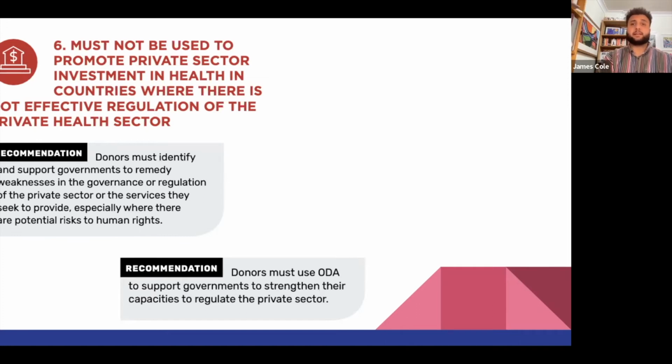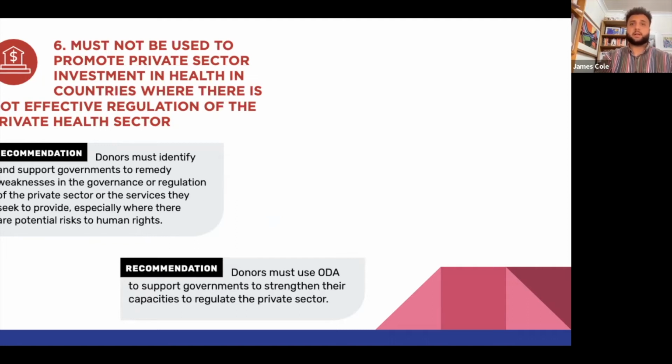We therefore think it's important that ODA is not used to promote or encourage a greater role for for-profit actors in countries where there is very limited regulation of the private sector, particularly so in fragile states as well. On the reverse side, there are very clear roles that donors can take to strengthen the capacity of governments to regulate the private sector.